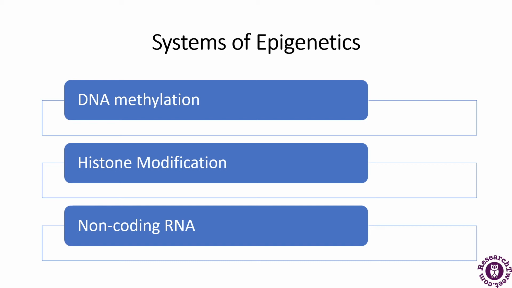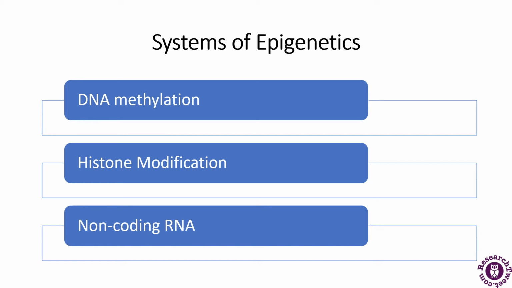The next is about non-coding RNA. Non-coding RNA is an RNA molecule that is not translated into a protein. The DNA sequence from which a functional non-coding RNA is transcribed is often called an RNA gene.